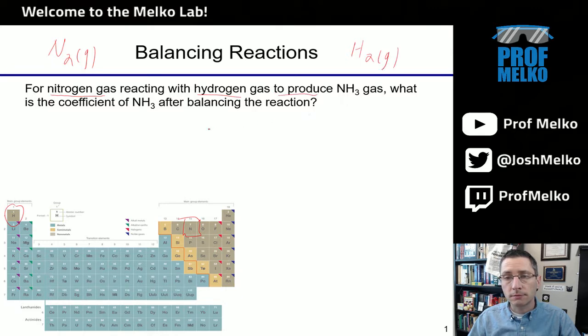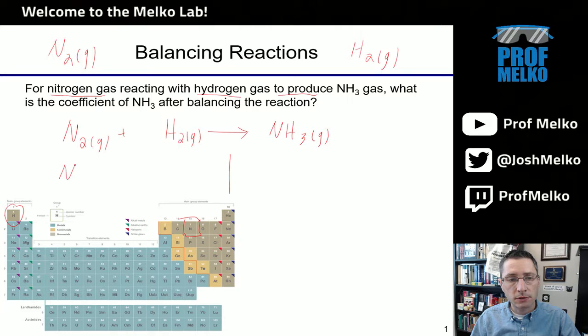Produce means arrow, separating the reactants, nitrogen gas and hydrogen gas, from the product, which here is ammonia, NH3 gas. So I'm writing all the states of matter as well. So we have nitrogen gas plus hydrogen gas making ammonia.